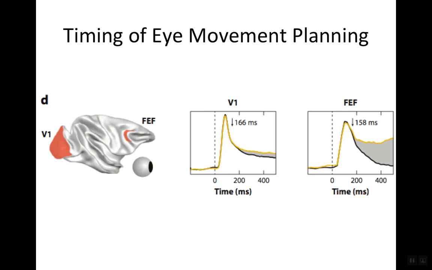So finally you'll notice that the distinction between target and distractor is greater. The gray area is greater in the frontal eye fields, showing the task-oriented nature of the frontal eye field. So they're really focusing on the difference between the target and the distractor, and really emphasizing the position of where the target is and giving it much greater activation.